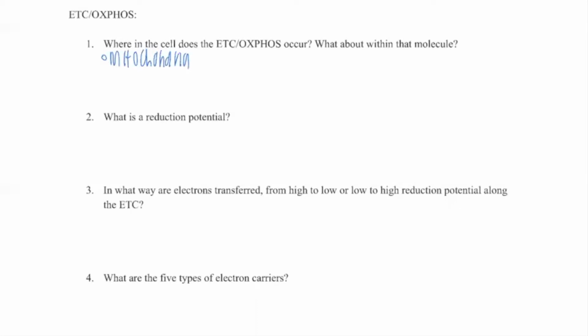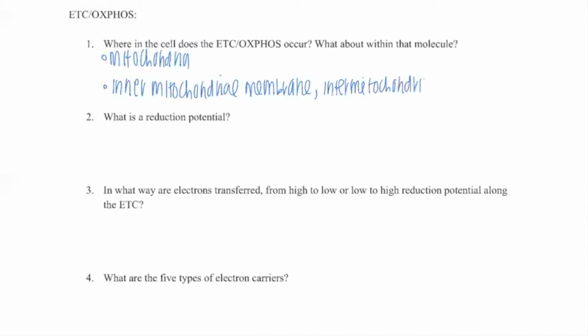So within the mitochondria, the ETC OxPhos occurs within the inner mitochondrial membrane. So in this case, they're asking about where it occurs. So it occurs in the inner mitochondrial membrane, also the intermitochondrial space, and the matrix of the mitochondria, right?